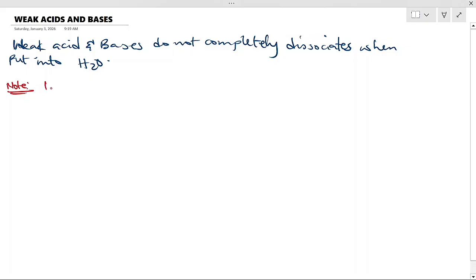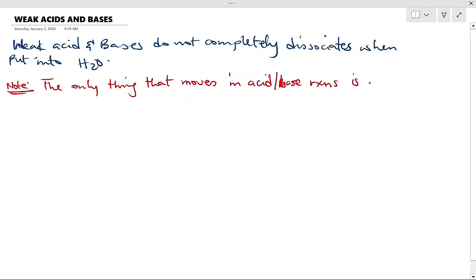So the only thing that moves in an acid-base reaction is H plus, which is the proton.